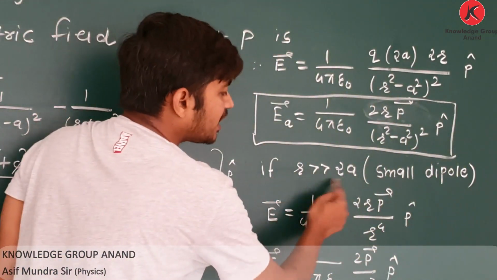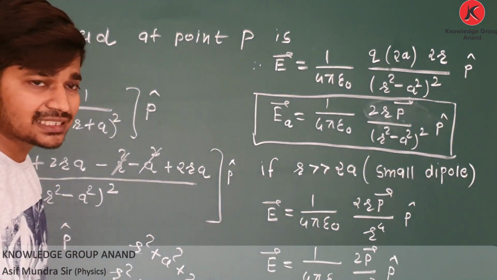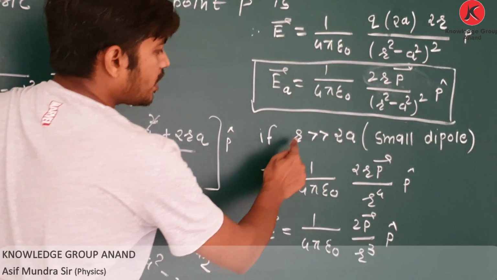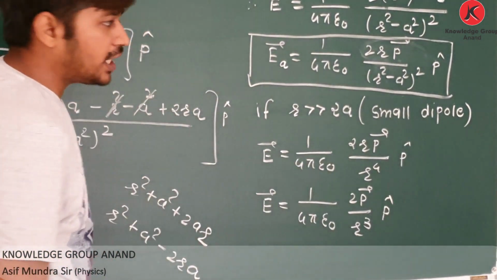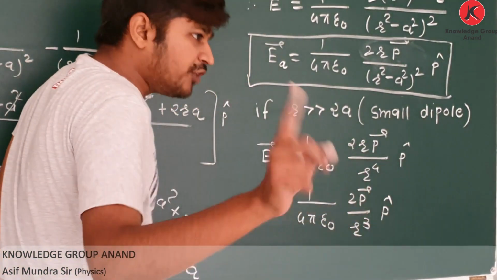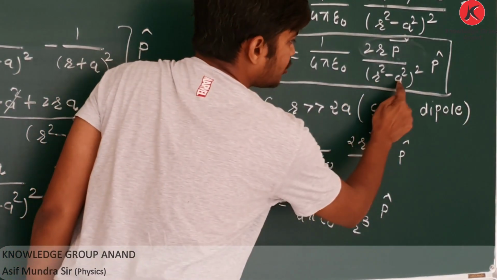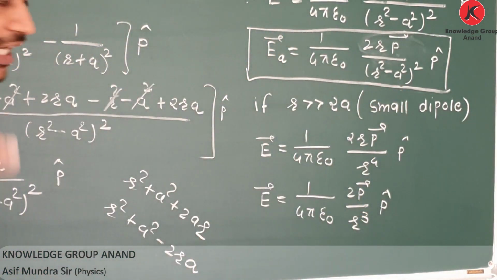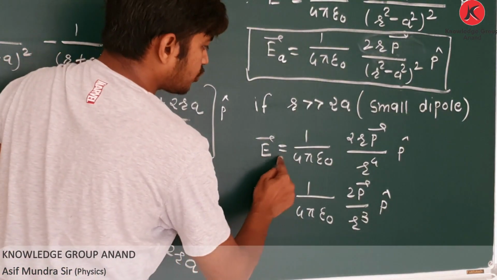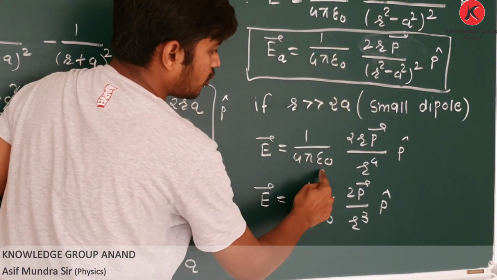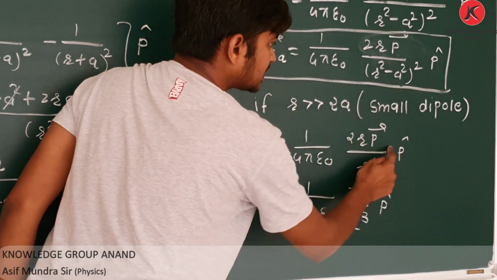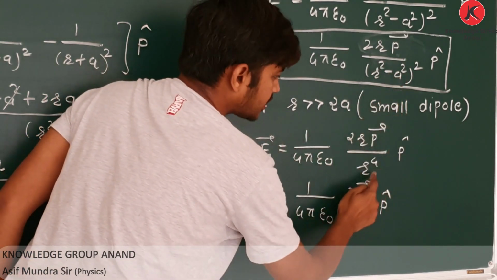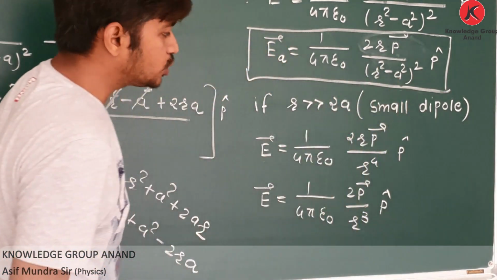If r is very much greater than 2a, or we can say for a small dipole, when r is very very greater than 2a, in the denominator, with respect to this r, you have to neglect a. Okay, so E is equal to 1 upon 4 pi epsilon 0 as it is, 2rp as it is, and in r square minus a square you have to neglect a, so write a is equal to 0.